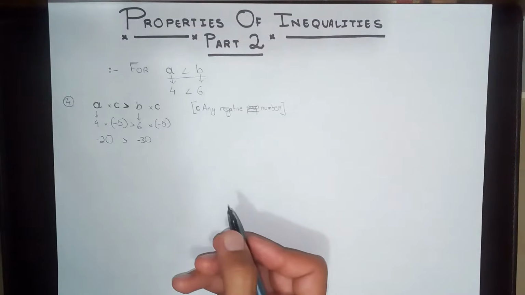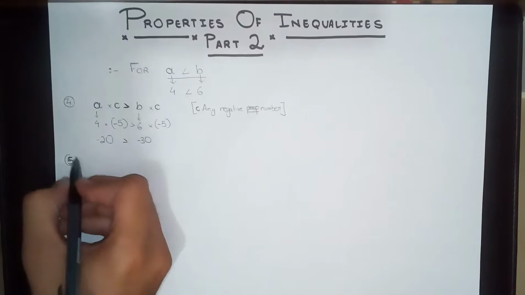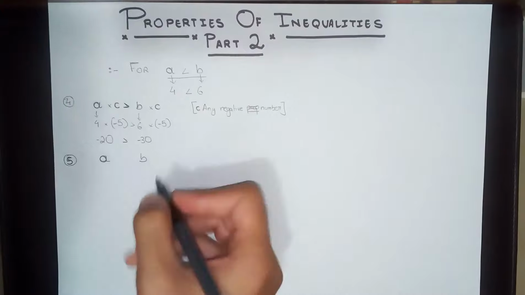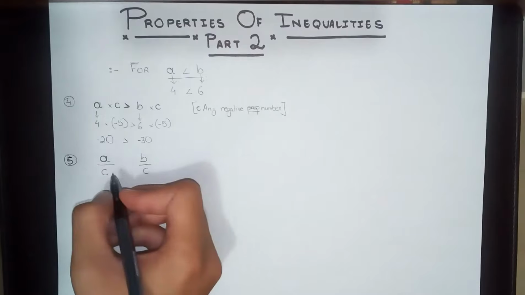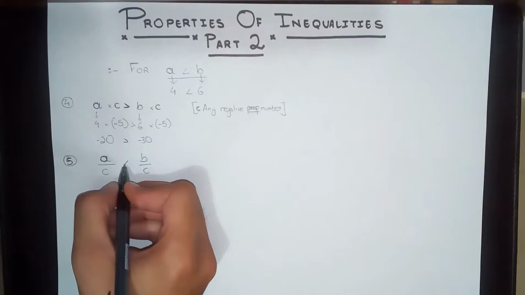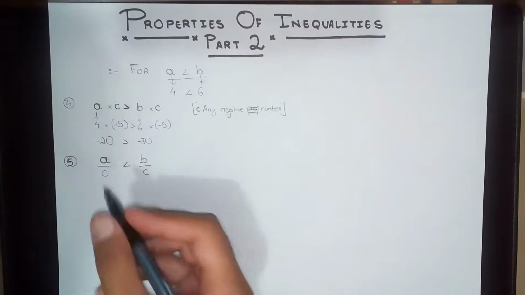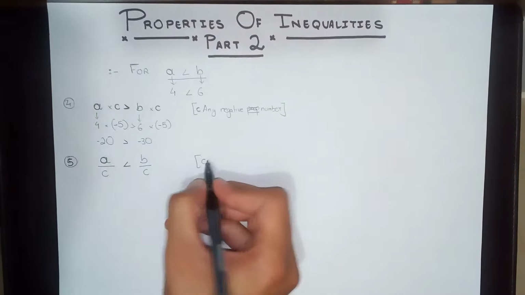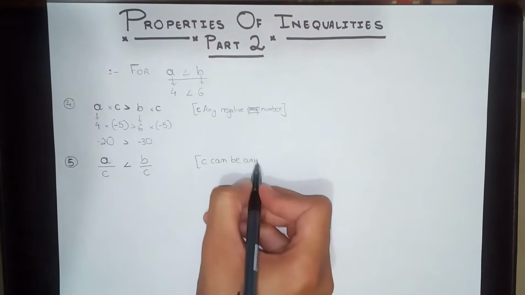Now over to the fifth property, we have the variable A and the variable B. Now if you divide both of them by the variable C, you are going to get this symbol, which is the same as it was before, and right now C can be any positive number.